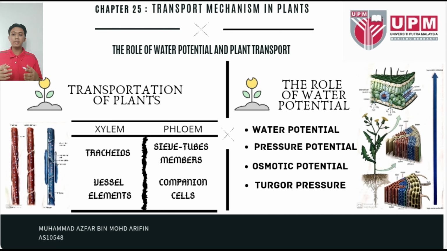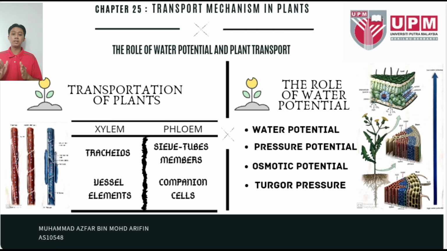The sieve tube doesn't contain any nucleus, and the companion cell provides the proteins to the sieve tube members, and it contains a nucleus. That is all from the plant's transportation part.